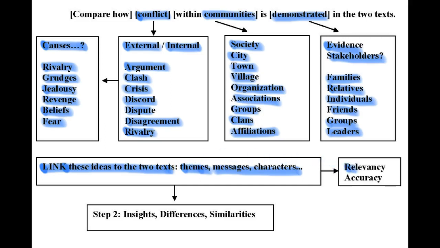We always want to make sure that we're keeping some relevancy and accuracy, and that in turn will allow us to progress to step 2, which is when we start to think about the differences and the similarities and the insights of this prompt in context of the two texts. So this is a suggestion of how you might approach unpacking the prompt, just the first step, which allows you then to move on.